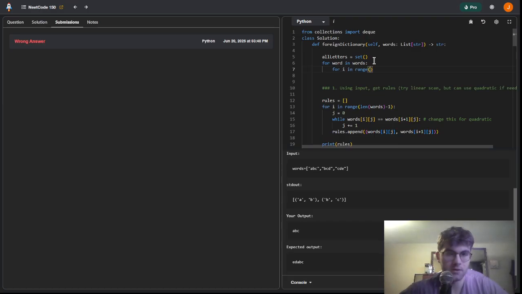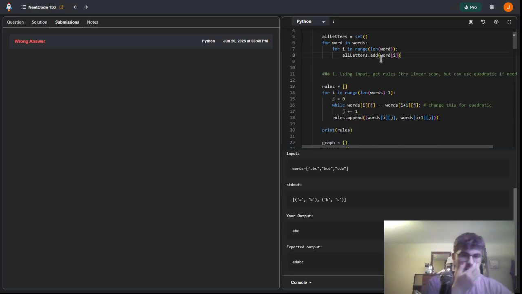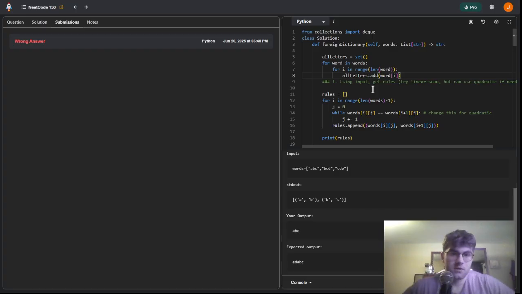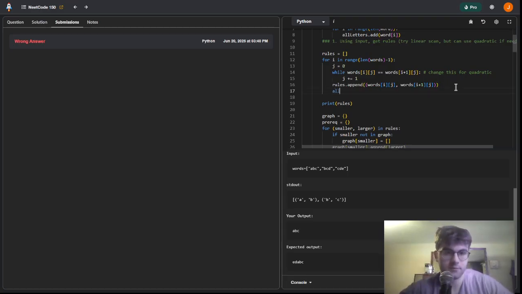For I in range length of word, say all letters dot add word of I. And then whenever we find something in a rule, this would just basically give us a set of all the letters, and then whenever we find something in a rule, we could just all letters dot remove words of I, J, and all letters dot remove words I plus 1 and J.